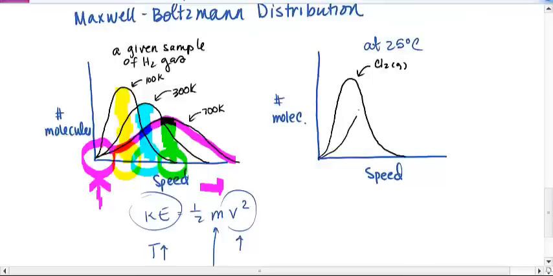Let's say that this represents a sample of nitrogen gas. And then this represents a sample of helium gas. Same amount in each sample. So let's say, it's a mole of that or whatever.